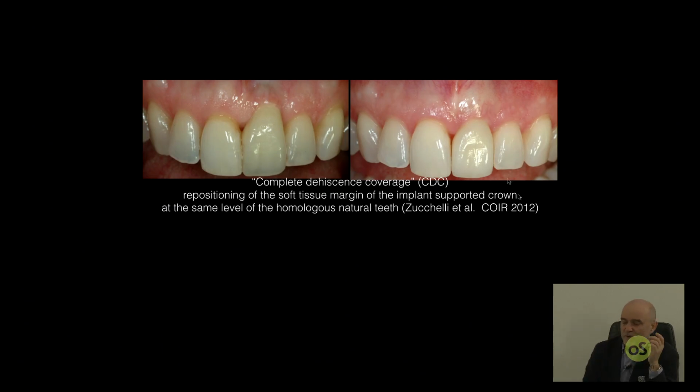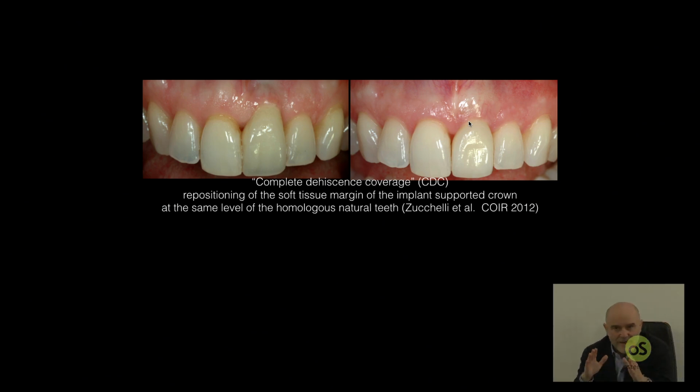Once we are able to place the soft tissue margin of the implant-supported crown exactly at the same level of the soft tissue margin of the natural tooth, this is the goal of the therapy. This is what the patient is really interested in.